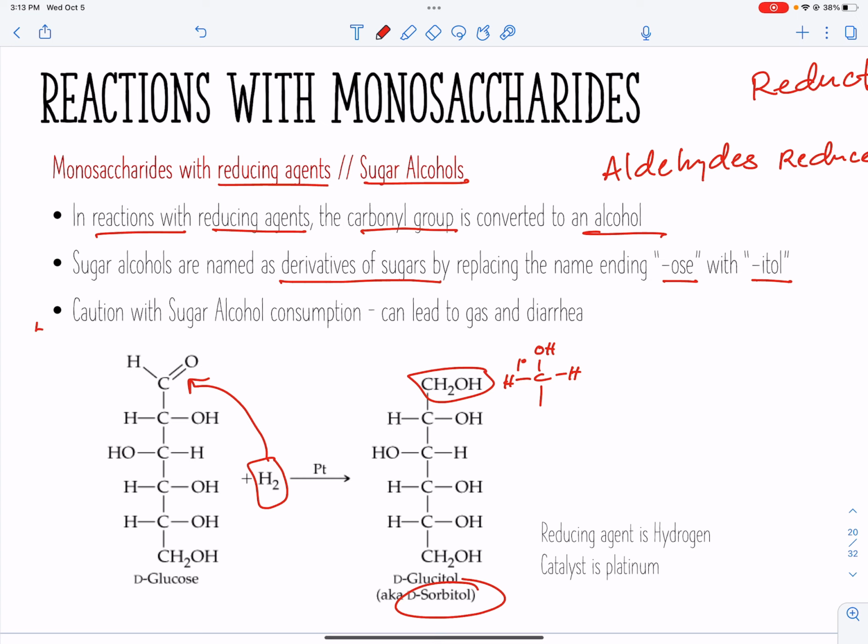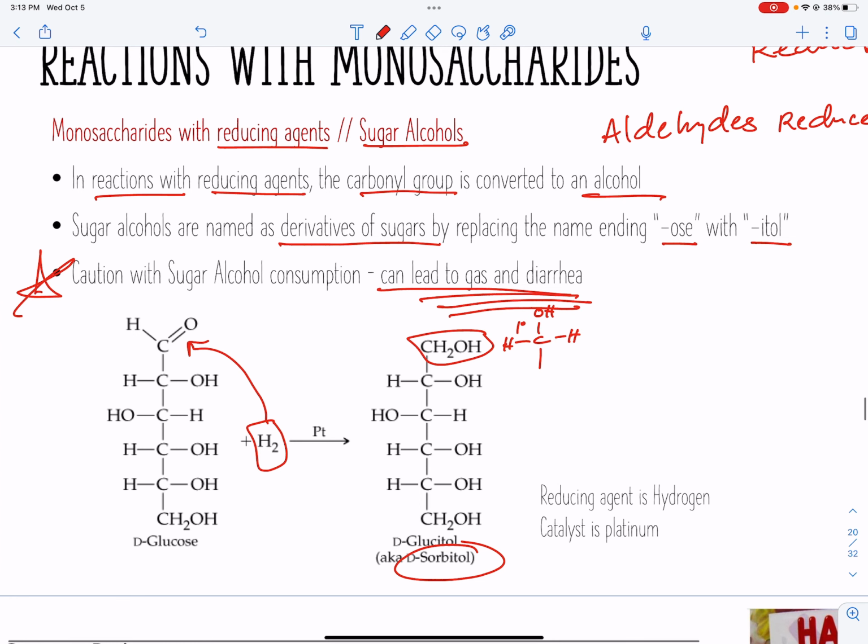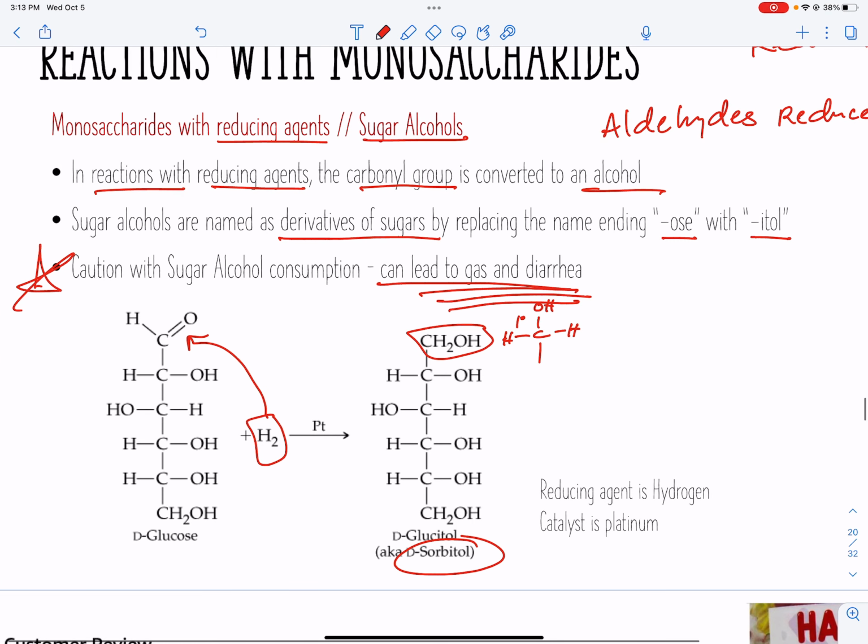I will say, be cautious with these because they can lead to very unwanted symptoms if you consume too much of them. If you're consuming a lot of sugar-free stuff, it will not be so sweet to you. That was a terrible pun.